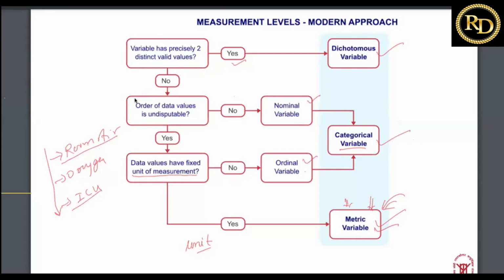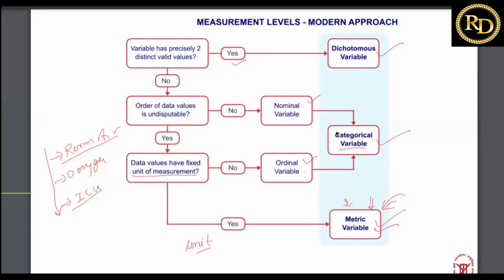Another kind of data is termed a categorical variable. So what is the difference between a categorical variable and a metric variable? If the data has a fixed unit of measurement with it, then it is a metric variable. And if the data does not have a fixed unit of measurement with it, then it will be a categorical variable. If you measure the height of the patient, the height will be 160 centimeters.